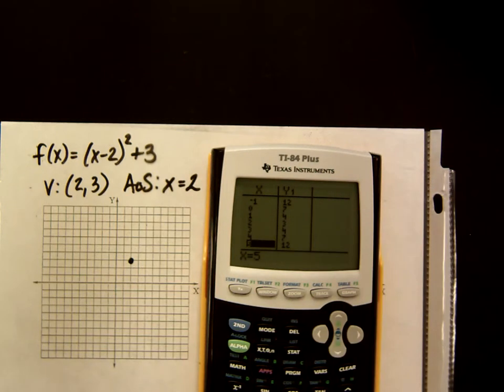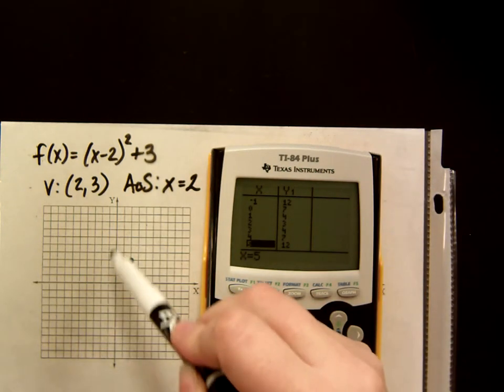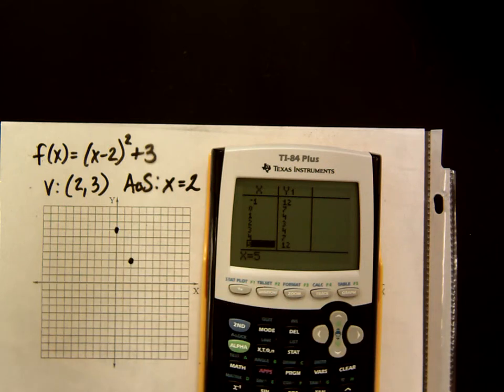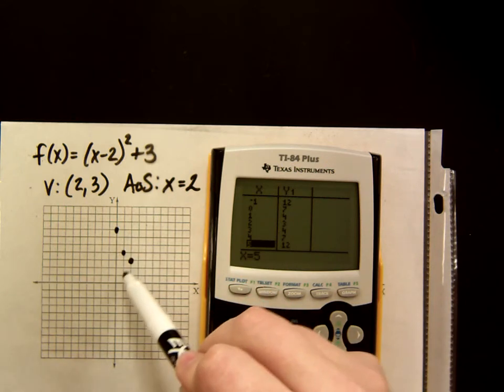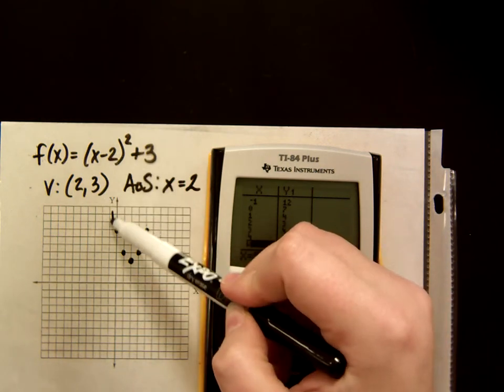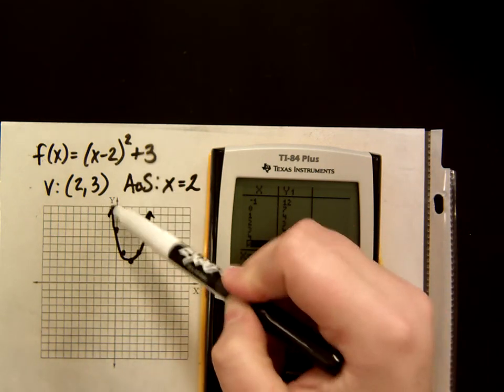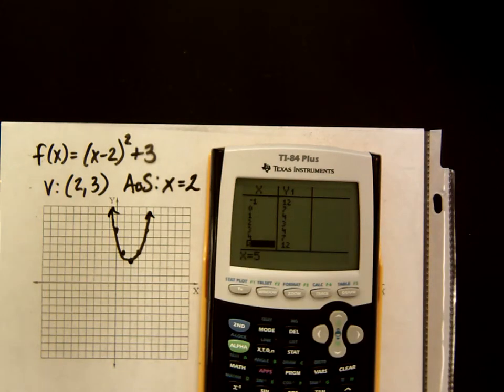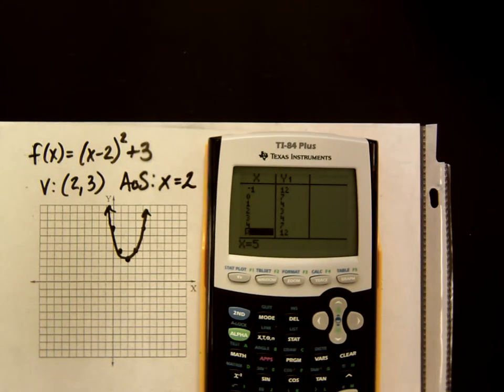So others I can plot on here are 0, 7, 1, 4, and then over here I can plot some more points as well. I didn't connect my dots very well, but oh well. So I can use that to graph it pretty quickly.